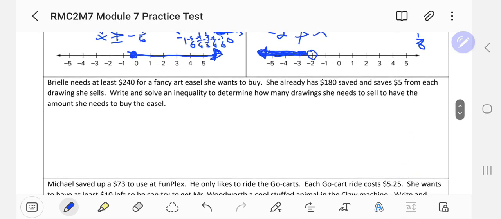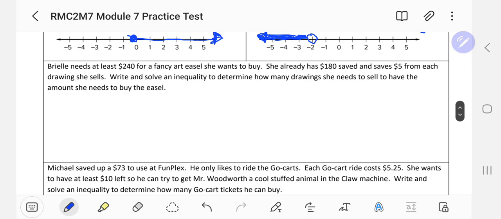All right, let's go. Word problems, our favorite. All right. Brielle needs at least $240 for a fancy art easel. She already has $180 saved and saves $5 from each drawing she sells. Write an inequality to determine how many drawings she needs to sell.